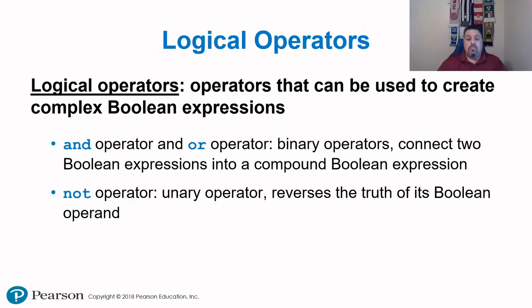All right, more operators that we can use. What if you're testing two things? I want to know if you make your 30,000 or greater and if you've been employed for 2 years together at the same time. You can do that. There are 3 different what we call logical operators to create more complex Boolean values. And, or, and not. They're basically connected to expressions.